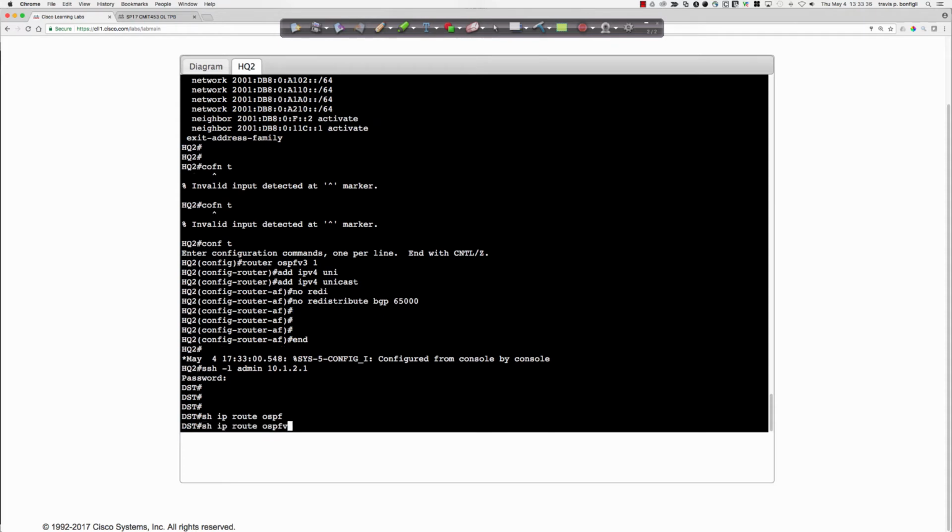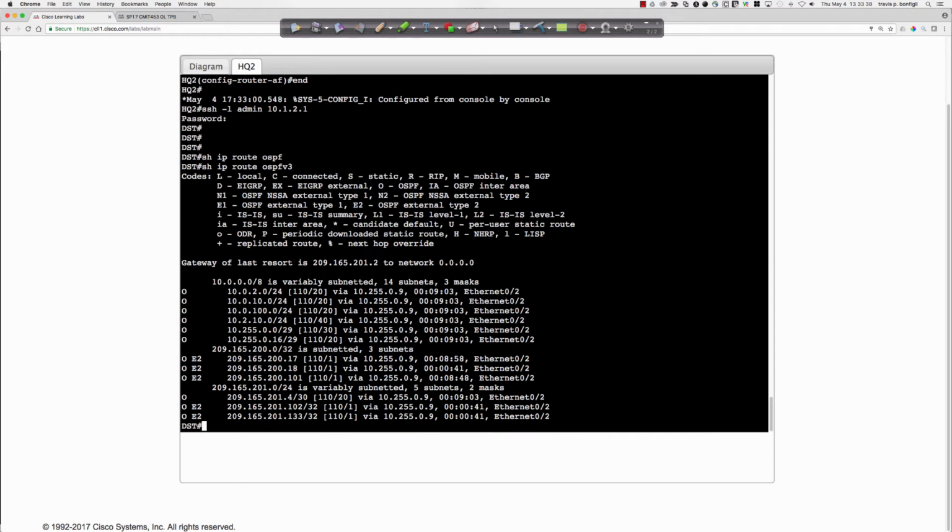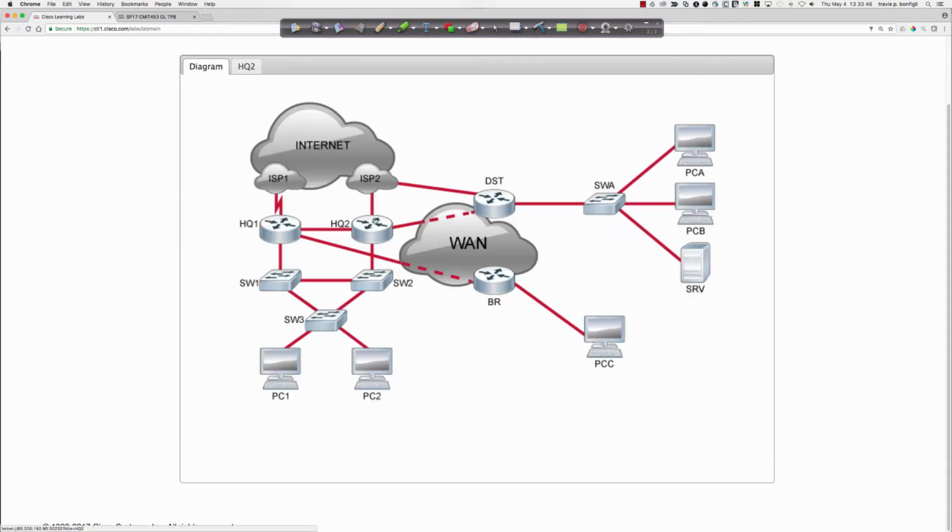Show ip route ospfv3, that's going to give me the information, and we still are getting this external routing information, which has to mean that it's being redistributed from somewhere. It's got to be HQ1. All right, so let's check HQ1 and say show ip route ospf, but what are we going to see?